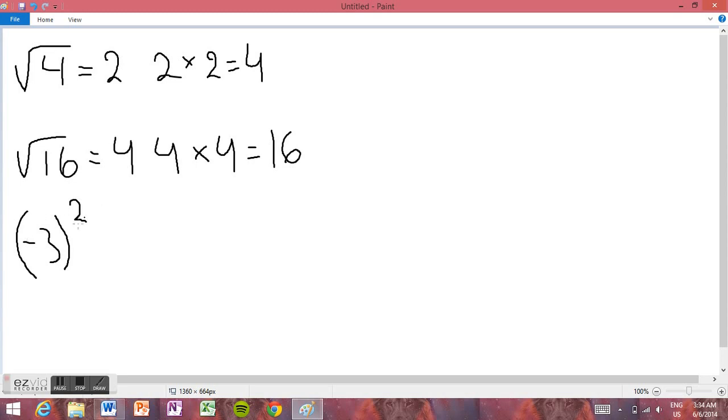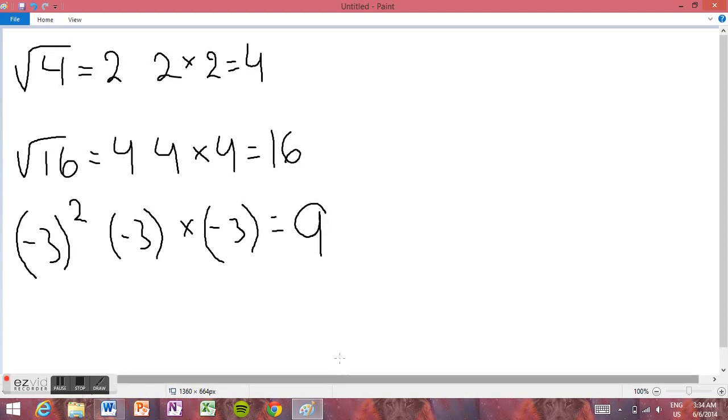Negative 3 squared equals 9. But make sure you have your parentheses, so it can multiply itself. So negative 3 times negative 3 equals a positive number, which is 9, because negative times negative is positive.